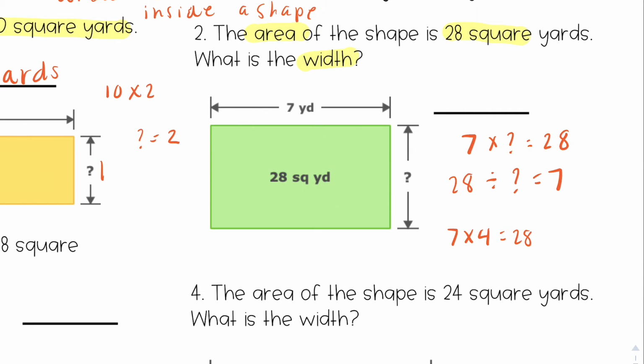Well, I know 7 times 4 is 28. You could use repeated addition if you want. So I know that my variable, or the question mark, is equal to 4 because 7 times 4 is 28. You could have used repeated addition or a number line. So I know this is going to be 4 yards.